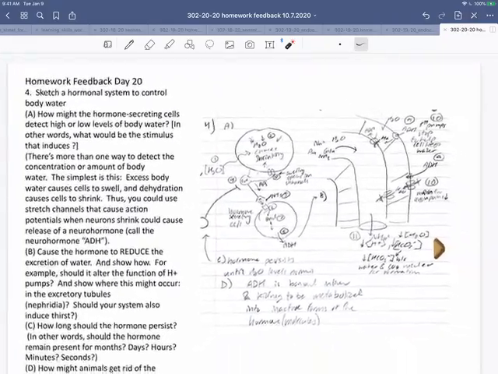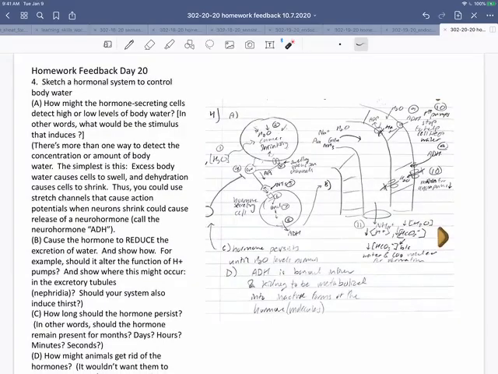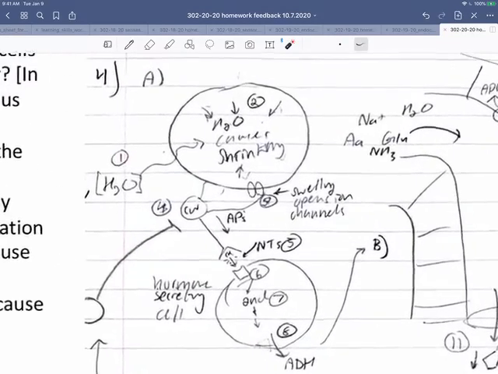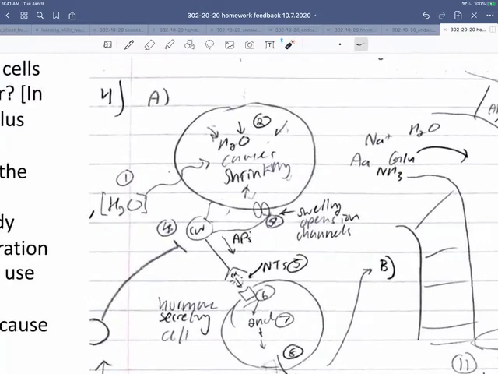Finally, a hormonal system to control body water. This is the ADH system. And here is a neuron in the brain. This would be an ADH neuron, and this person specified that when the cell is shrinking, in other words, there's not enough body water, then the shrinking would open ion channels, and so the neuron released.